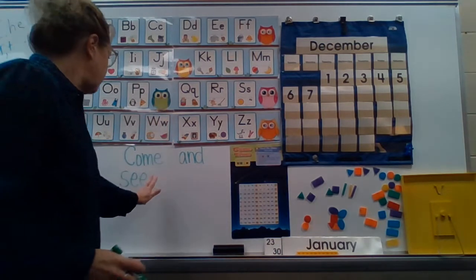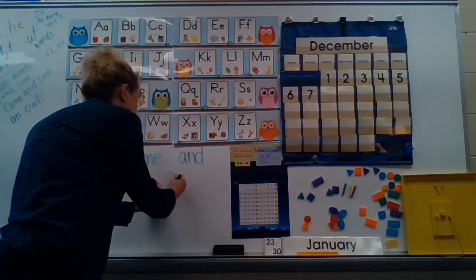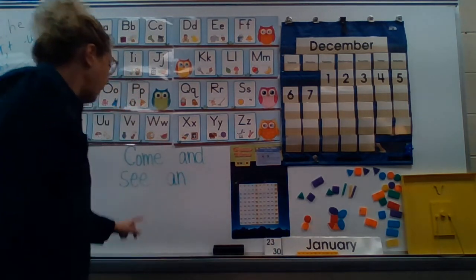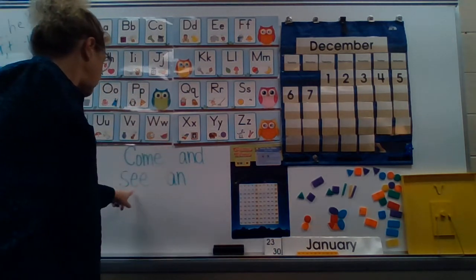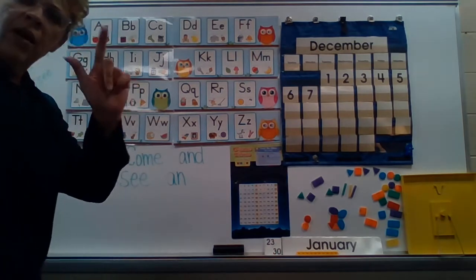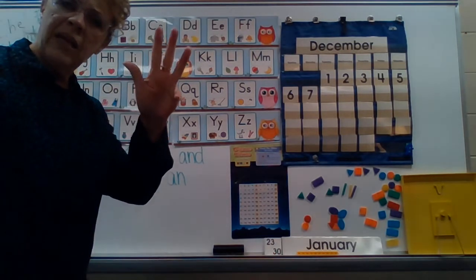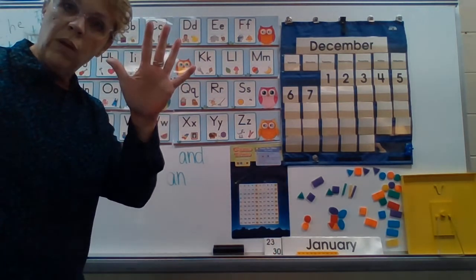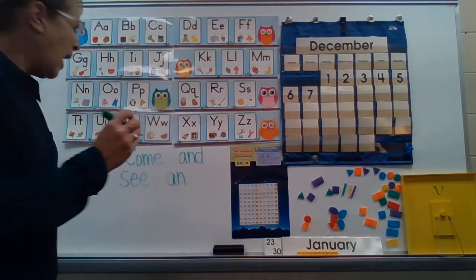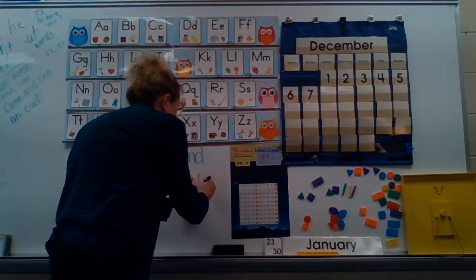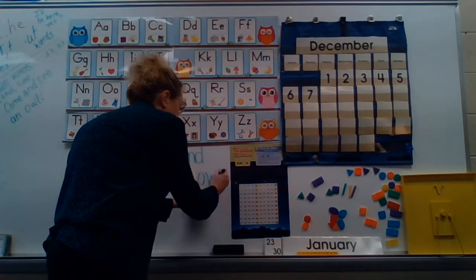A-N. Leave a nice space. A-N. Come and see an. I need one more word. Owl. Owl starts with an O. O-W. Owl.